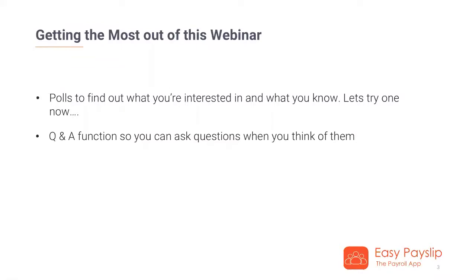If it's something a bit complicated or not relevant to the whole group, I will definitely answer it at some point, just maybe not when I see it, or at the end we can directly engage that person or send out an email to them. So feel free to pop your questions there at any time, and I'll do my best to get to them.